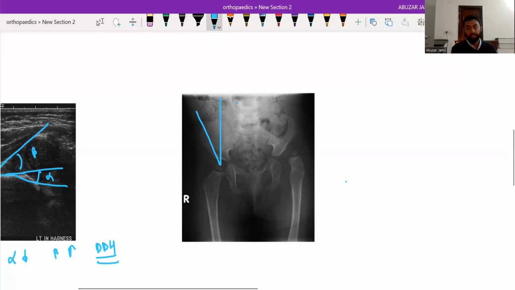We draw the center edge angle on both sides. And now you can see the angle on the affected side has much reduced, and it is less than 20 degrees.